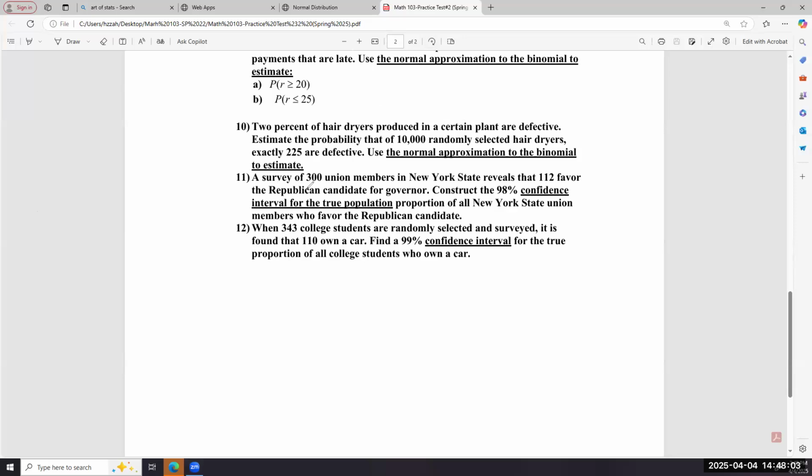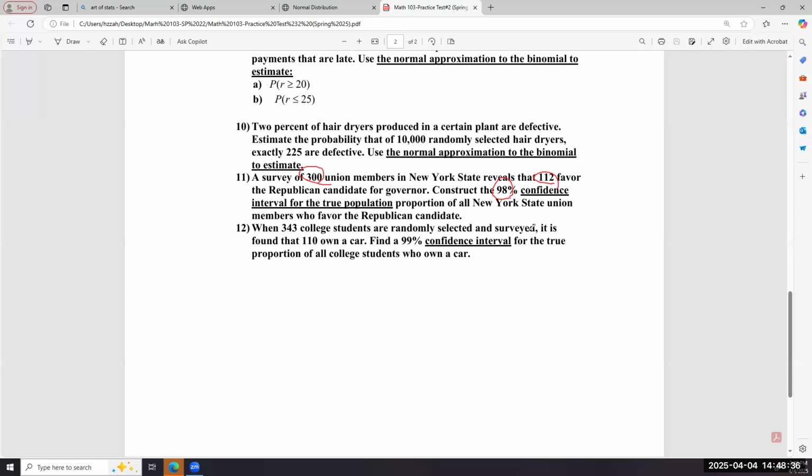You see, a survey of 300 union members in New York State reveals that 112 favor a Republican candidate for governor. So N is 300, the sample size. 112 is the R. Then construct a 98% confidence interval. This 98% is C, nothing else.